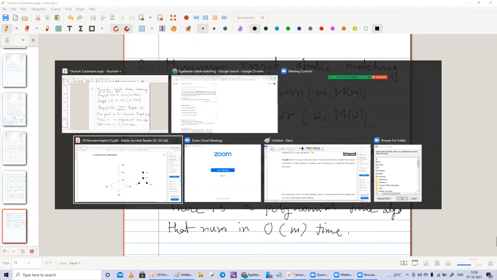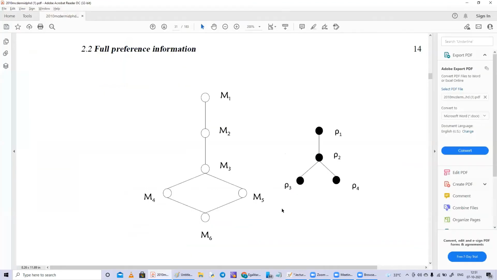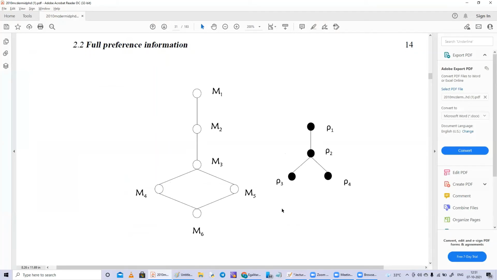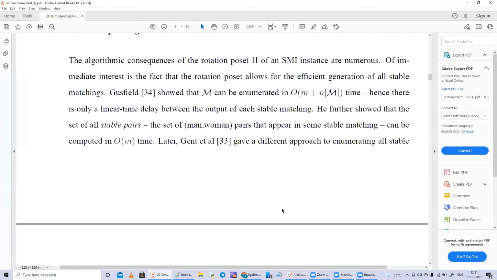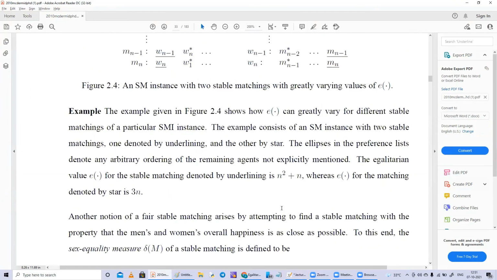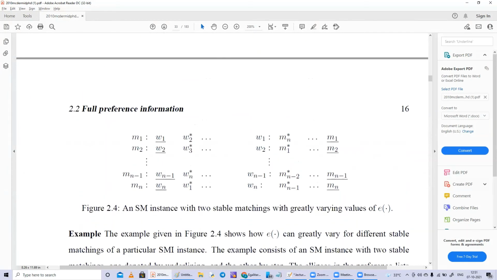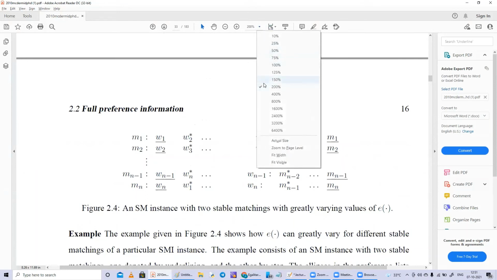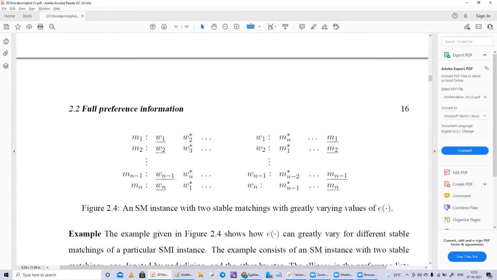So is my PDF file visible, or can you only see the journal file? PDF is visible. Okay, so let's look at an egalitarian stable matching. If you check this instance, I'll just increase the size a little bit.